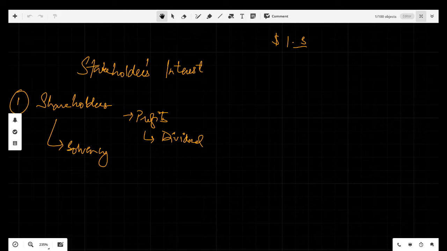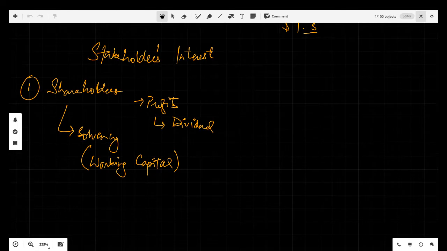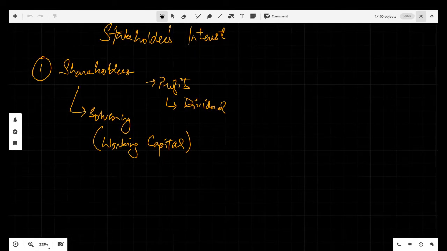They'd be looking at the working capital of the business. What is solvent? Solvency is the ability to pay back the liabilities that you have, or are your liabilities so huge that it appears you will not be able to pay them back?